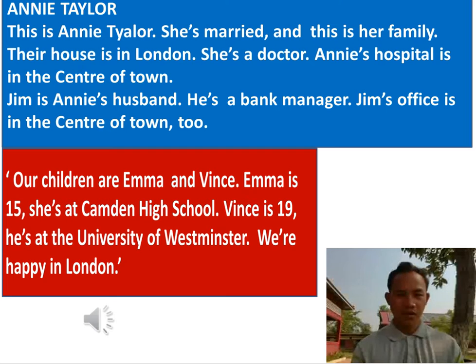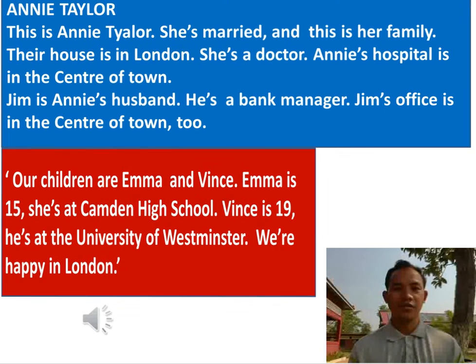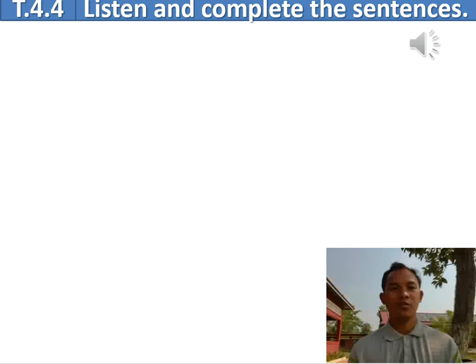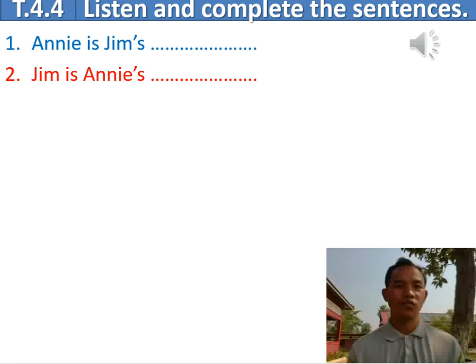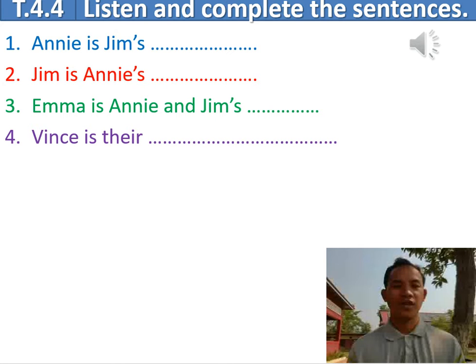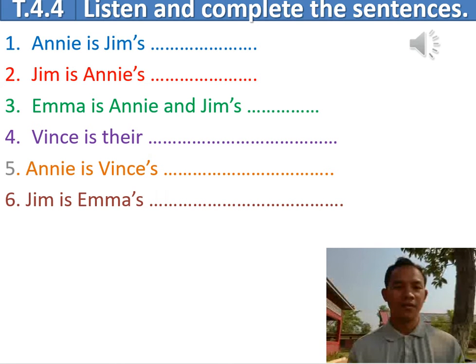All right, so we just finished this text, and we can go back to our main lesson, number 4.4, listen and complete the sentences. Question 1, Annie is Jim's something, and Jim is Annie's something. Emma is Annie and Jim's something, and Vin is their something. Annie is Vin's something, and Jim is Emma's something.